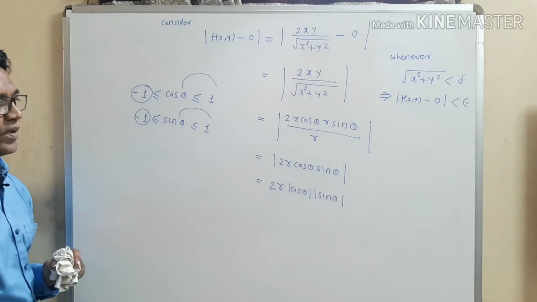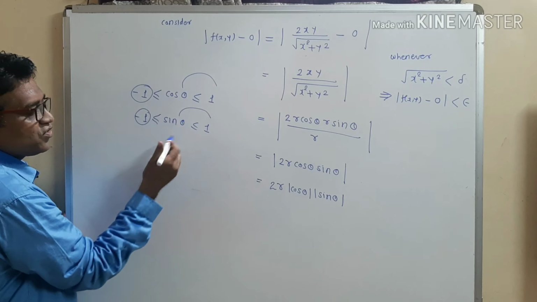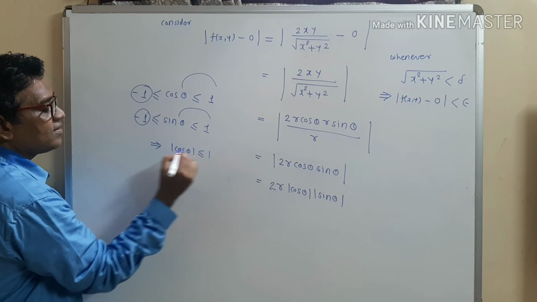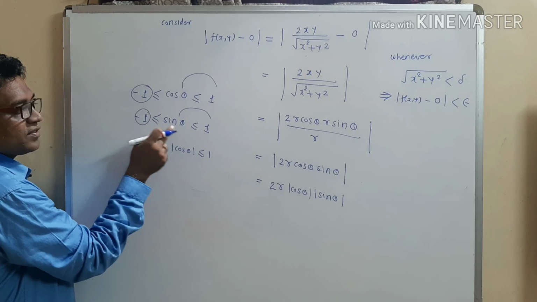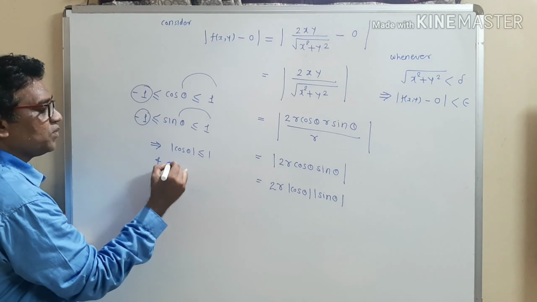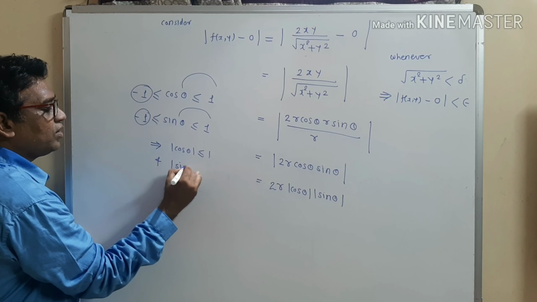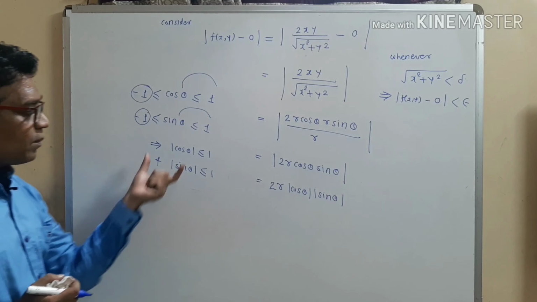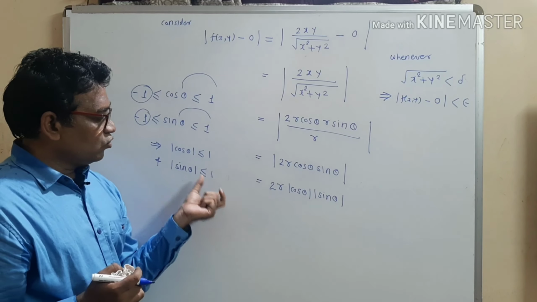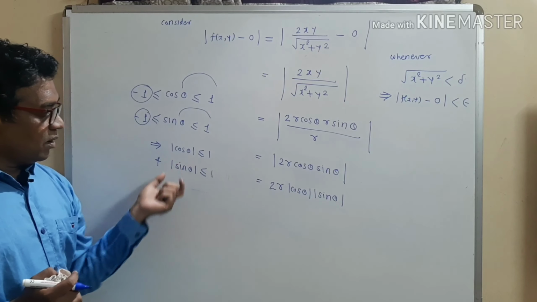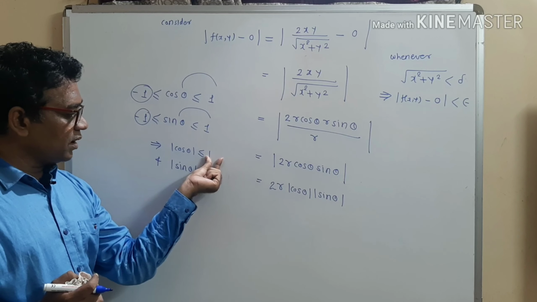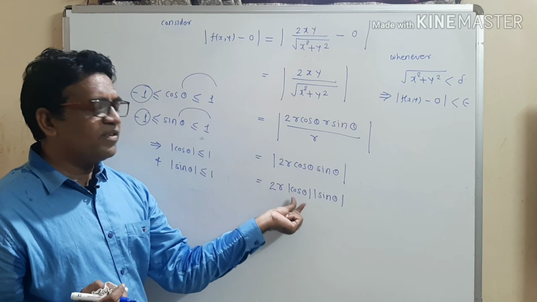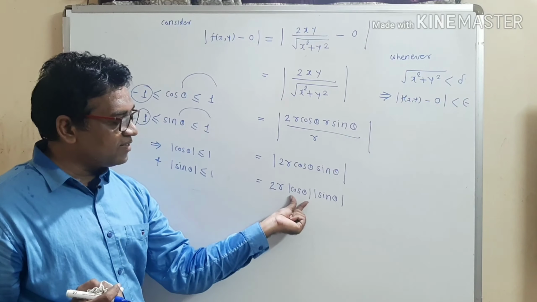So these two statements can be written as modulus of cos theta is less than or equal to 1, and modulus of sin theta is less than or equal to 1. So these are called the maximum values. So we can replace cos theta by 1 and we can replace sin theta by 1. In this expression, whenever there is cos theta, we can replace that cos theta by 1.